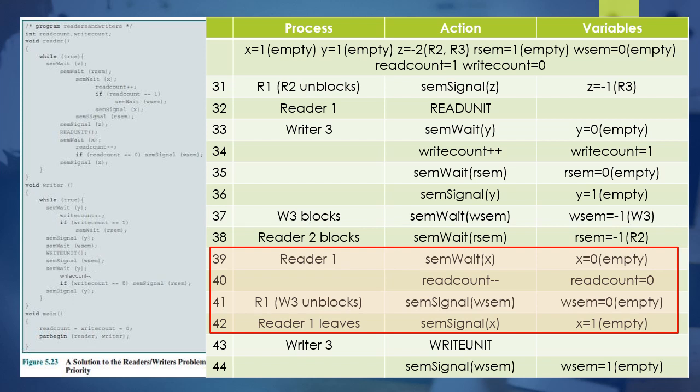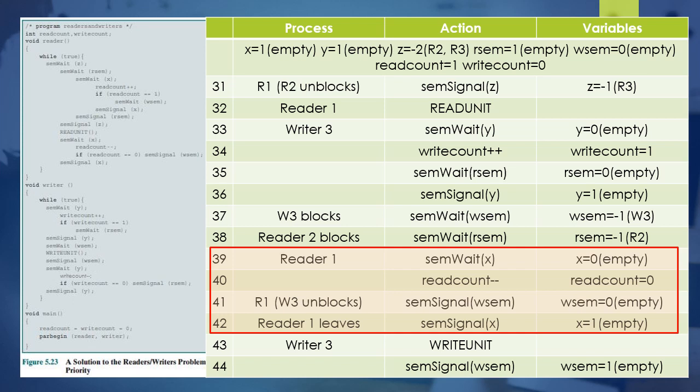Reader 1 does a wait on X, X becomes 0. It decrements read count, becomes 0. It issues a signal on WSIM, WSIM becomes 0 and writer 3 unblocks.